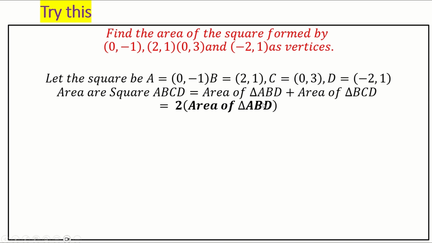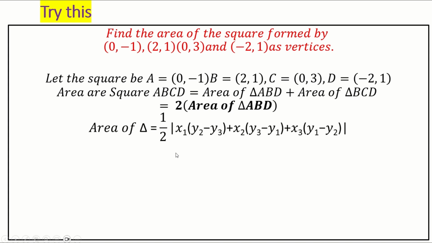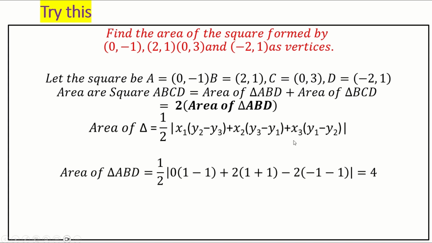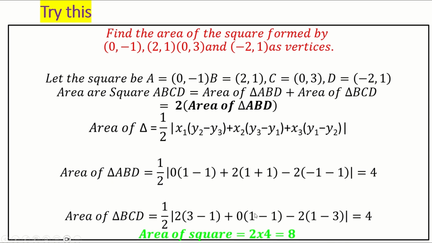For every quadrilateral you don't need to do two calculations; once you know that it is a rectangle or a square, you can do it this way also. You can apply the triangle area formula, and the area of triangle ABD is 4 square units. So the square's area is double that. Just to show you that the other triangle's area is also the same, I calculated triangle BCD here, which is also 4. So the area of the square is 8 square units.